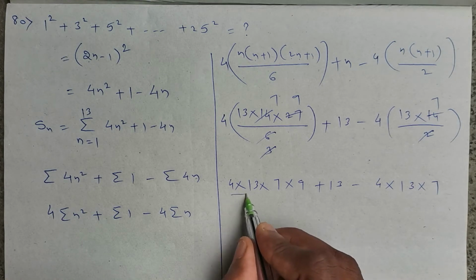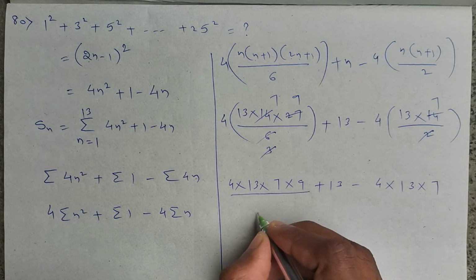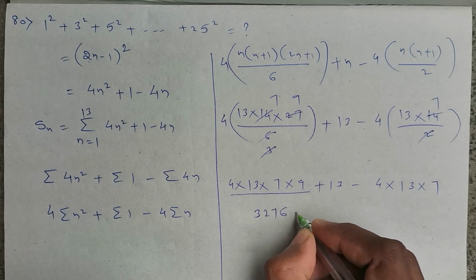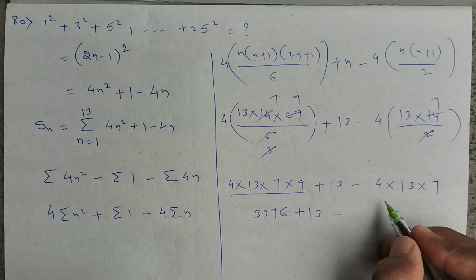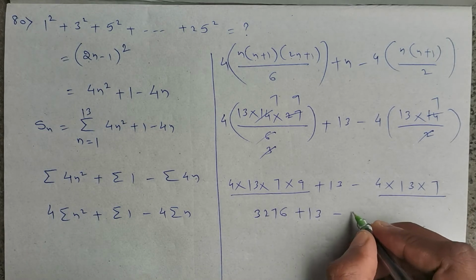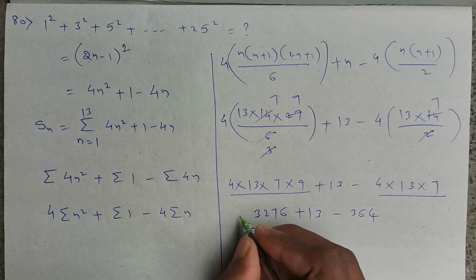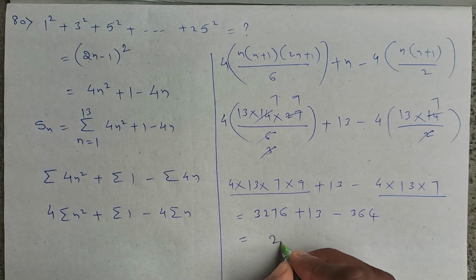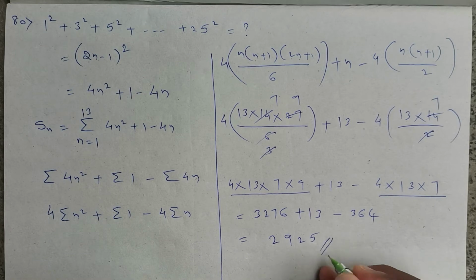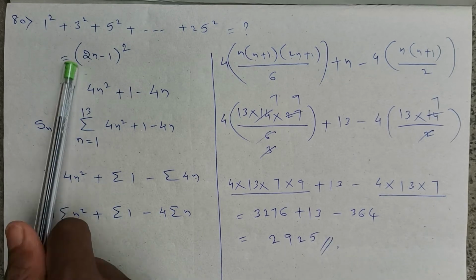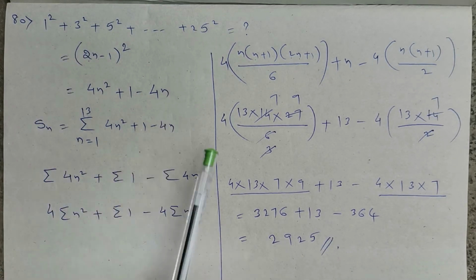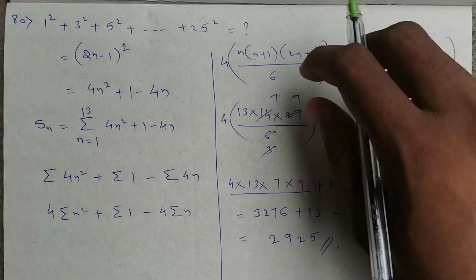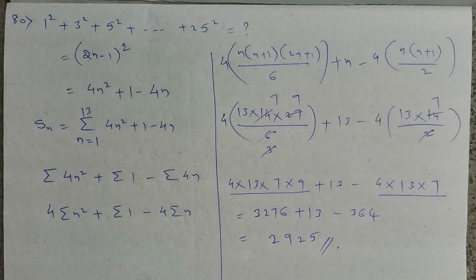So this 4 into 13 into 7 into 9 is nothing but 3276, plus 13, minus 4 into 13 into 7, which is nothing but 364. So if we simplify this, we will get 2925. So the answer, or sum of this series, is 2925.